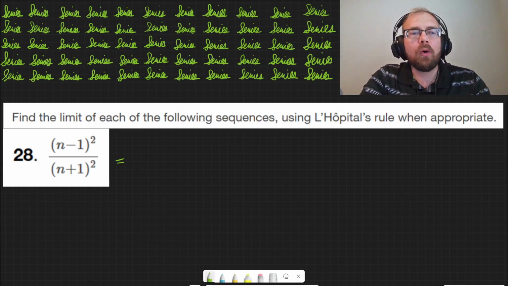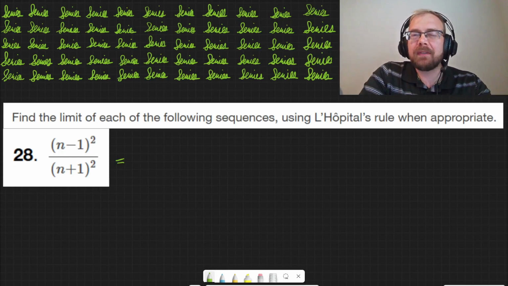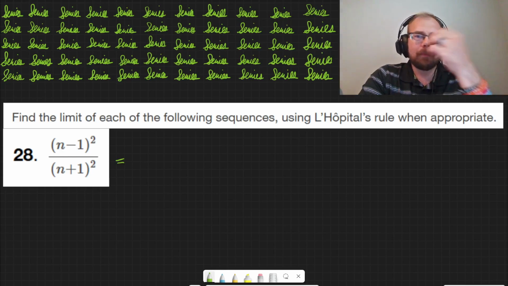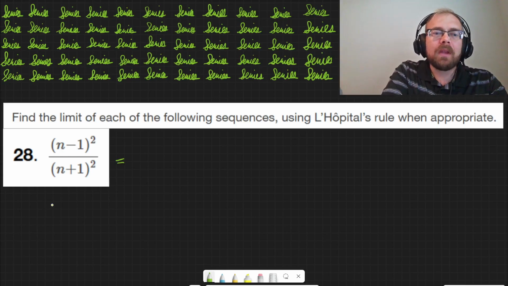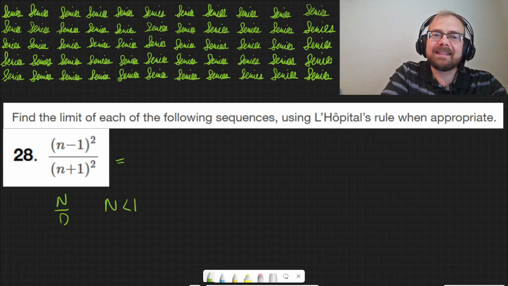If you remember rational functions, finding the horizontal asymptote of a rational function is basically how you find the infinite limit as well. If the degree of the numerator is less than the degree of the denominator, then you have a horizontal asymptote of y equals 0.